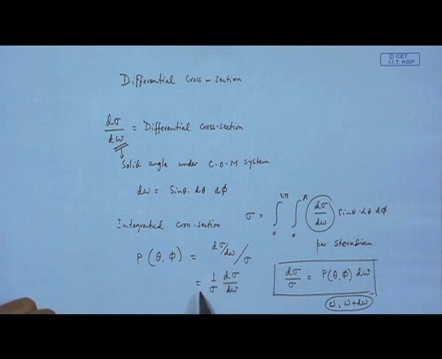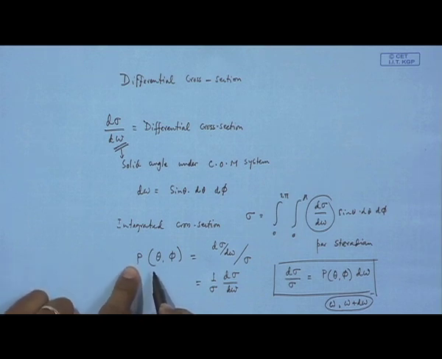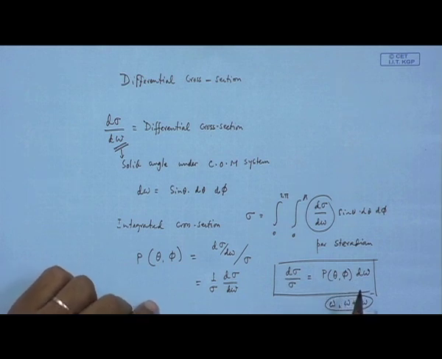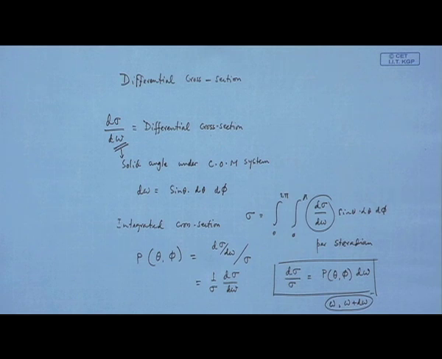From the differential cross section you find this p theta phi, and p theta phi d omega represents the probability of finding your product in the solid angle omega and omega plus d omega. Provided in this case the reactants are not oriented. When this beam is going this way and another beam is going this way, no additional constraints are there that your reactants are oriented in a specific manner.